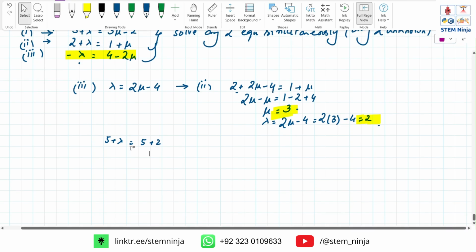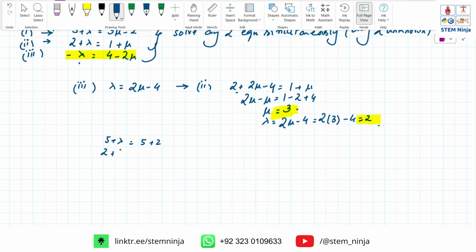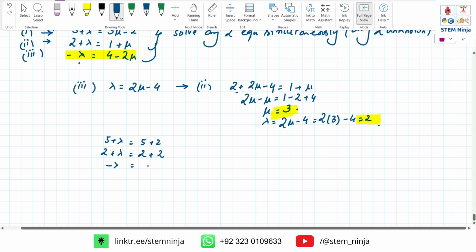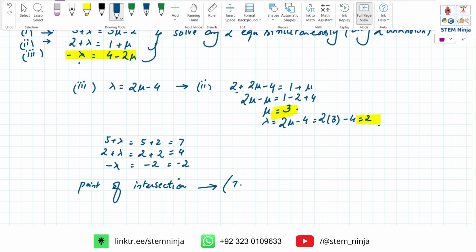Then the second one was 2 plus lambda, that is 2 plus 2, and minus lambda means minus 2. So this would be 7, 4, and minus 2. So the point of intersection would be 7, 4, minus 2.